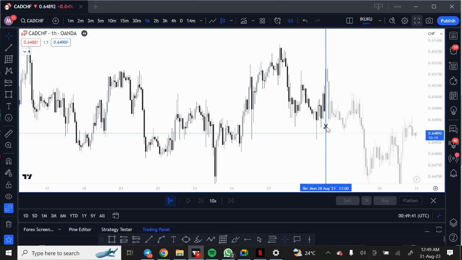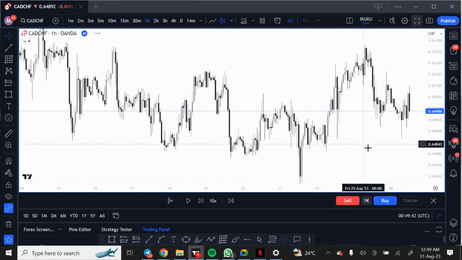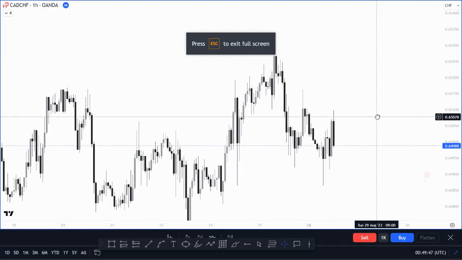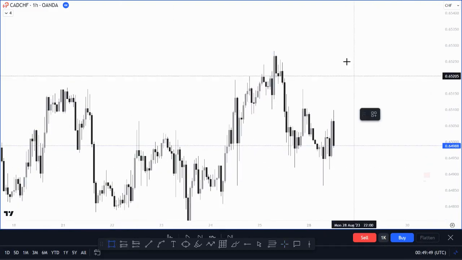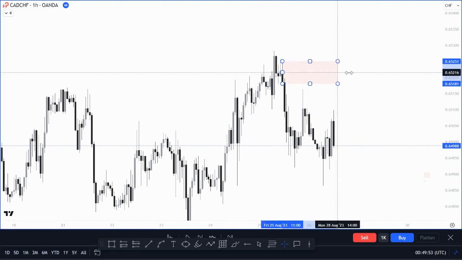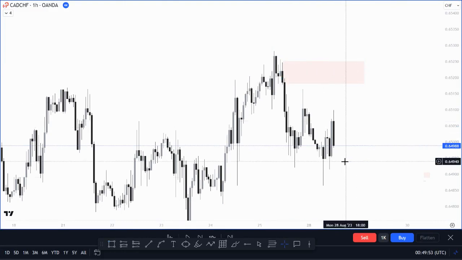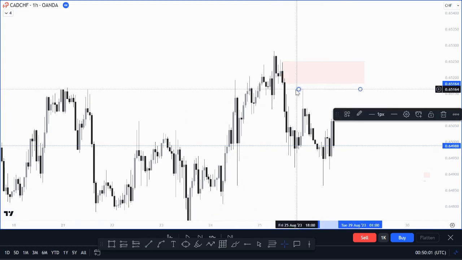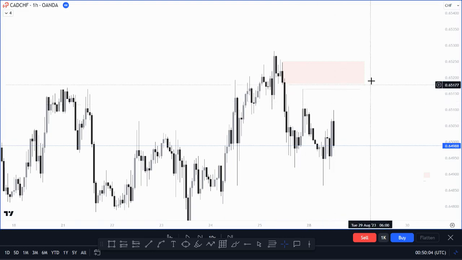Now this is my chart. This is CADCHF on the 1 hour time frame. You had an analysis that here would be a perfect sell, because here is serving as your inducement at the moment. I don't want to analyze the chart now, but just for reference, here is your inducement.